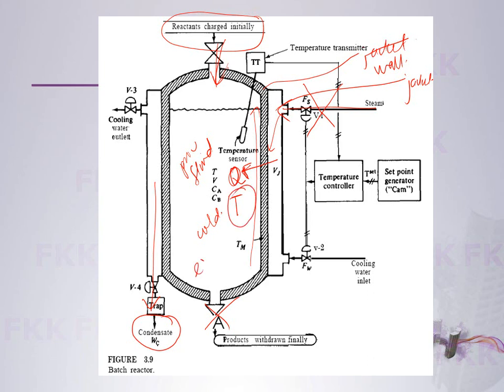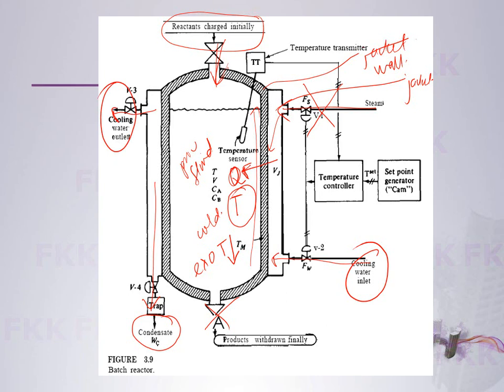When the reaction starts to continue, it means that you have to control the temperature. Say for example, this is an exothermic process. So if this is an exothermic process, then you have to bring down the temperature. The only way to bring down the temperature is to start to pump the water. Okay, they start to pump in the water just to control the temperature, and this is the cooling water out.